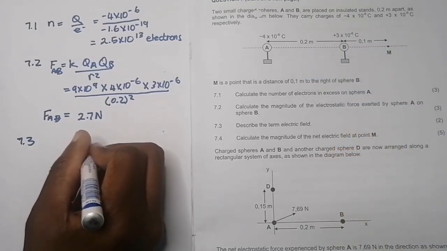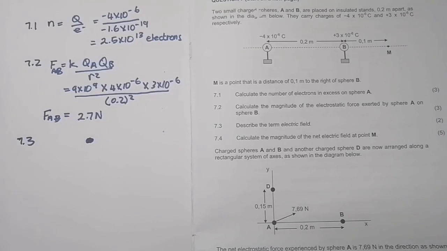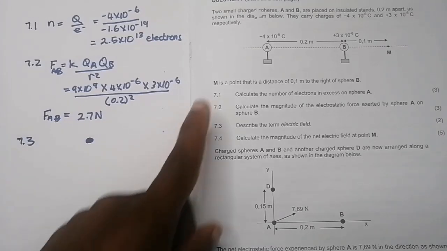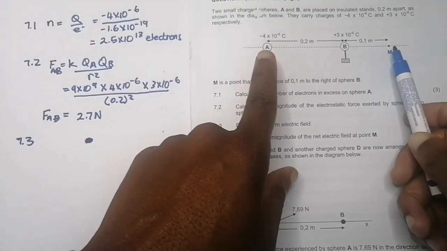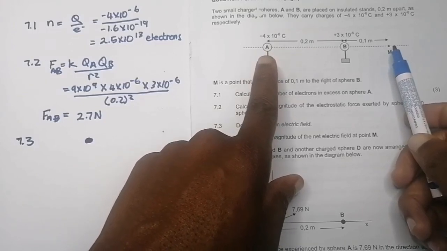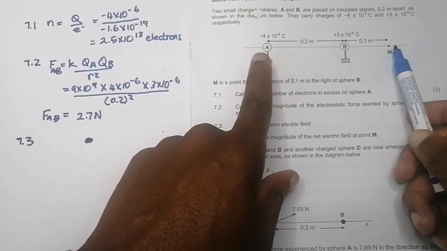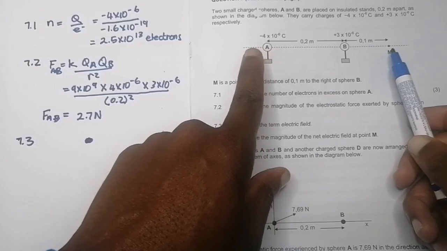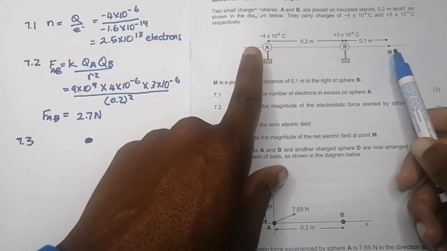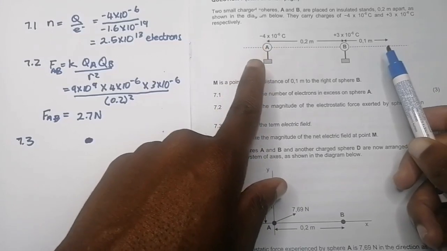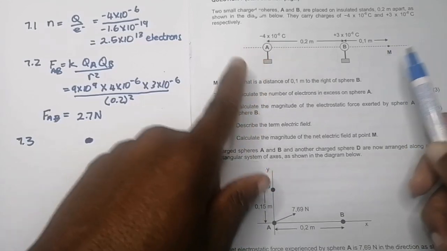Now think about it. If we're looking at A and M being positive, so we're saying M being a positive test charge, we're assuming M would be the one that moves. Remember, positive test charge, it's an imaginary charge. It doesn't actually exist.